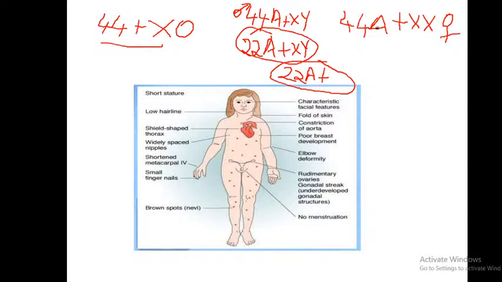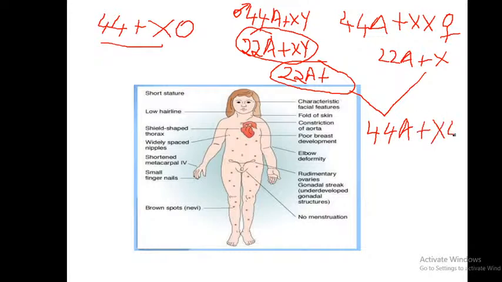Then if the female parent is normal, that is, having 22 autosomes plus X, and these two gametes fuse, the individual formed will be having 44 autosomes plus XO, because the X or Y chromosome is missing from this gamete. This is one manner through which the 44A plus XO condition arises.